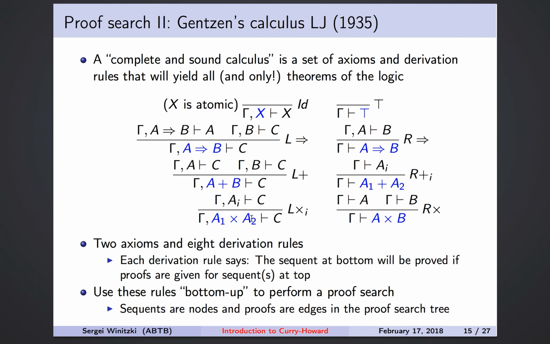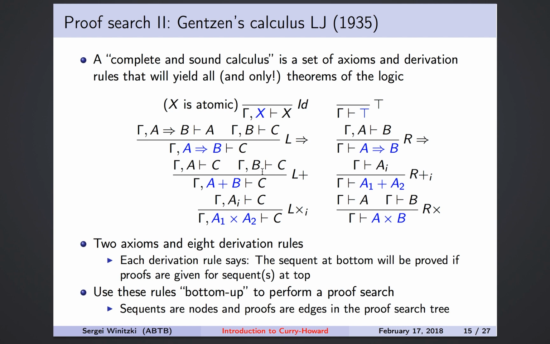So for example, you will prove C given A1 and A2, if you prove C given just A1. Which makes sense, because if you can prove C given A1, you don't need A2. You can ignore this A2, you can already prove C from A1. So in this way, it would be proved.